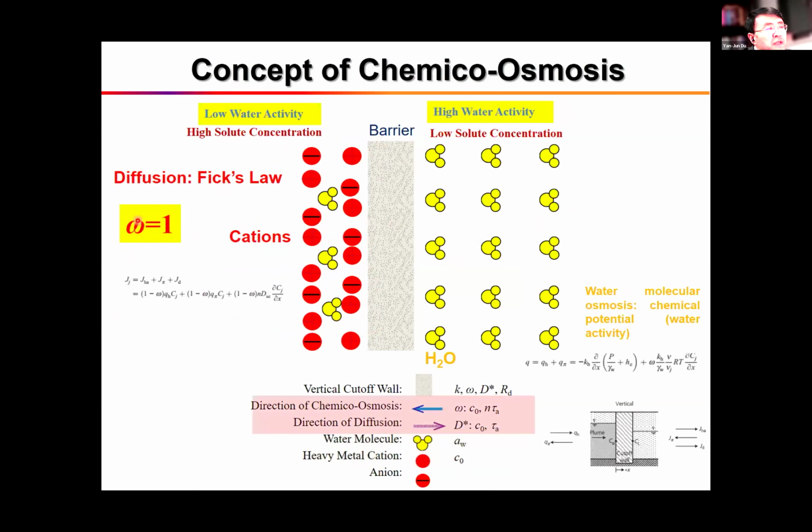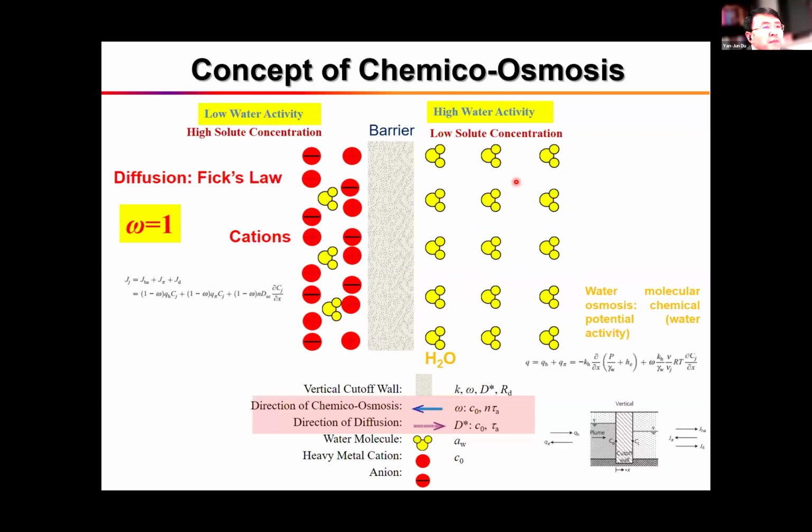However, if omega equals 1.0, it is perfect. That means the barrier shows a perfect membrane behavior. That means all of the cations or ions will not move across the barrier due to chemical osmosis.